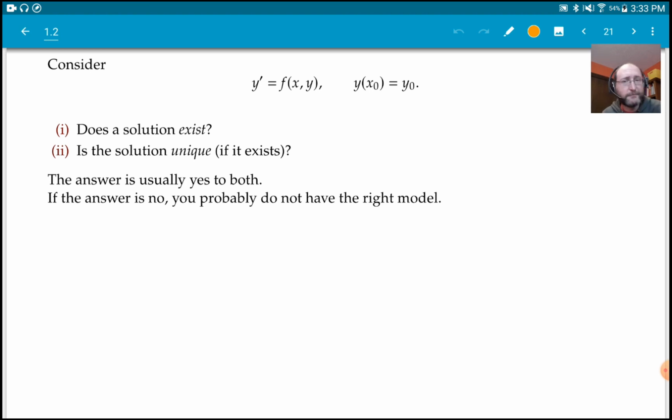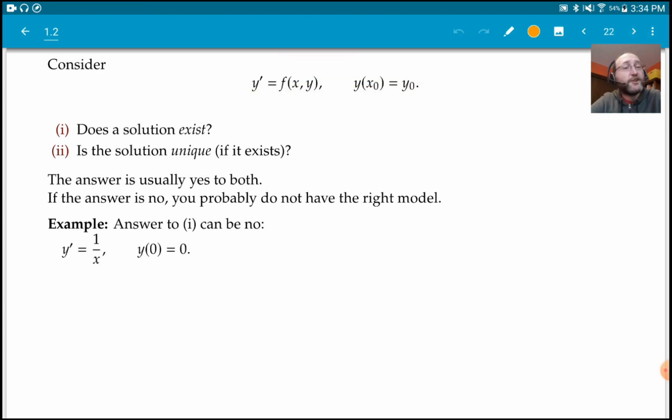We'll see some fairly simple examples where it's actually no, right? And again, you probably have the wrong model if the answer is no. So you did something wrong in taking your original physical problem, the actual problem that you're trying to solve, and getting to the mathematical model, right? So how you got this equation, right?